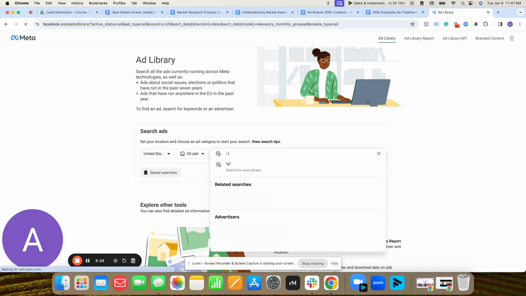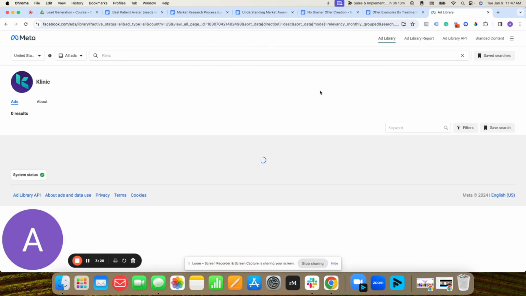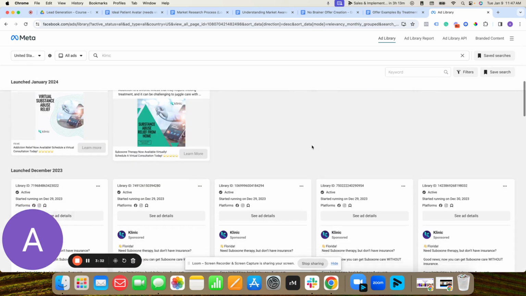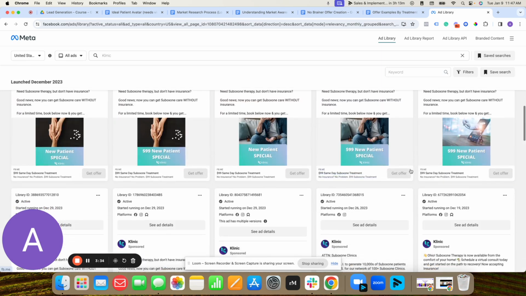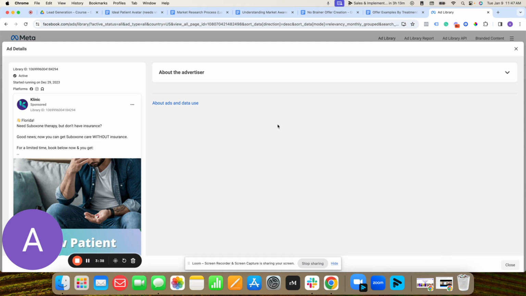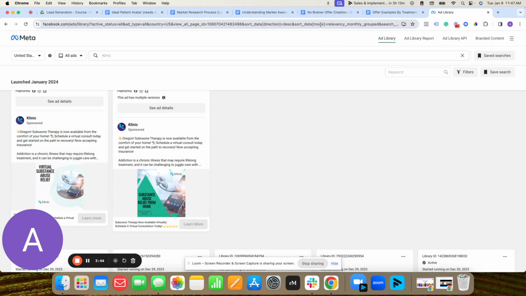I'll just do one of my current clients, just so there's no conflict of interest here. You can go and look at all of Clinic's ads. They've got provider acquisition ads, and then they've got patient acquisition ads. You can look at all the ads that they're running right here. You can go to see ad details, and then you can even opt into the ad if you want to. You can click the link and see their stuff.